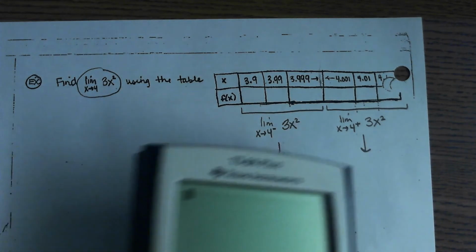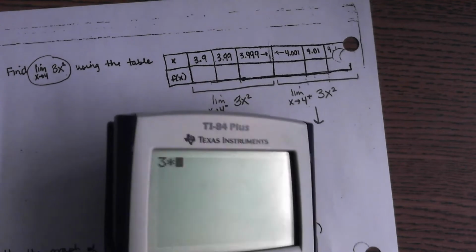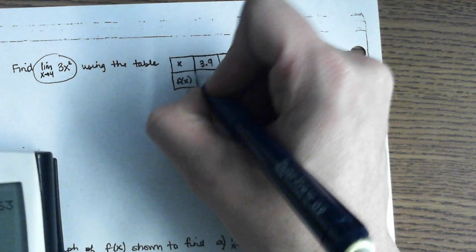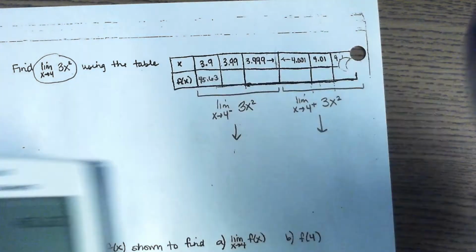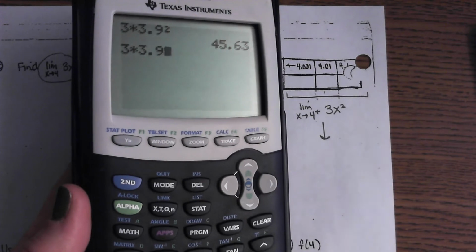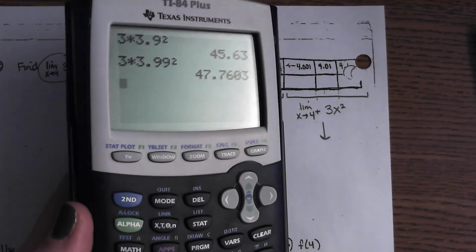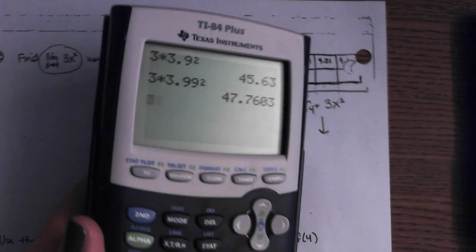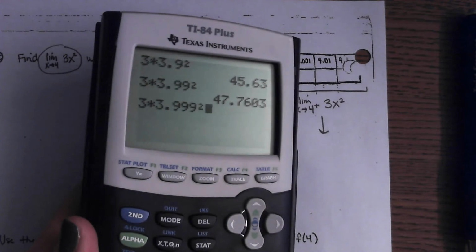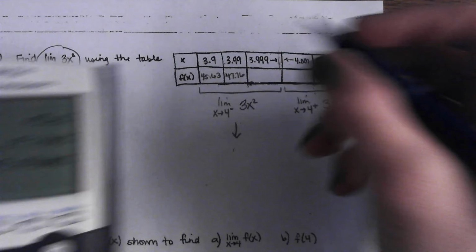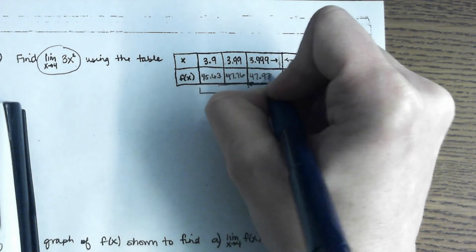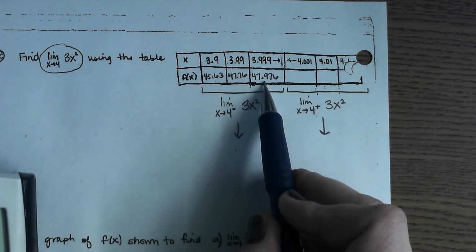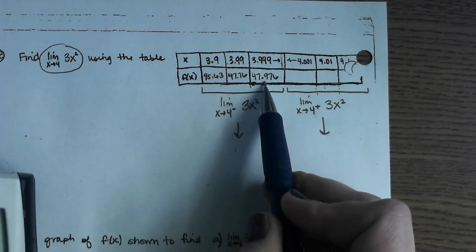So, just really quickly, 3 times 3.9 squared, 45.63. 3 times 3.99 squared, 47.76. And then 3 times 3.999 squared, 47.976. So what number does this appear to be getting closer to? 48 maybe?